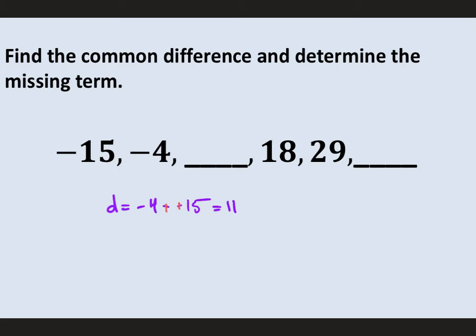So I'm adding 11 each time. So my next term will be -4 plus 11, which will be 7, plus 11, 18, that works. 18 plus 11, 29, that works. 29 plus 11 will be 40. So every time I'm just adding 11. So this was plus 11 to get those missing terms once I found what the common difference was.